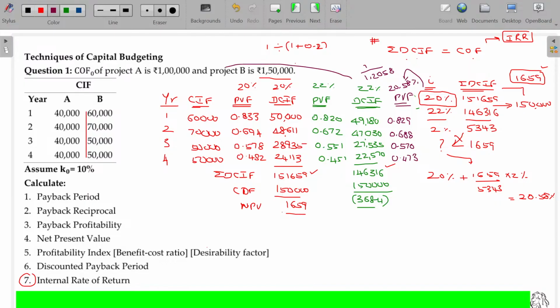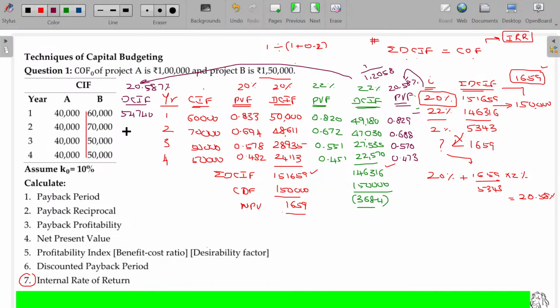Now find out the discounted values. Multiply 60,000 into 0.829. What's the value? 49,740. This is the discounted cash inflow where the applicable discount rate is 20.58%.